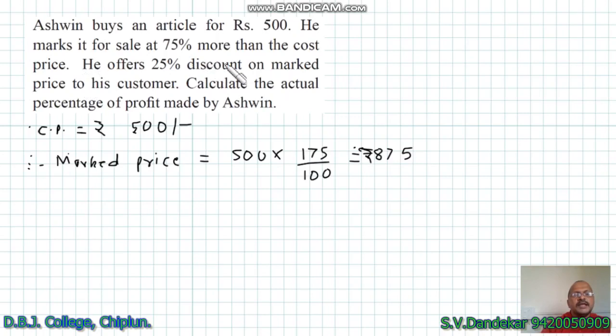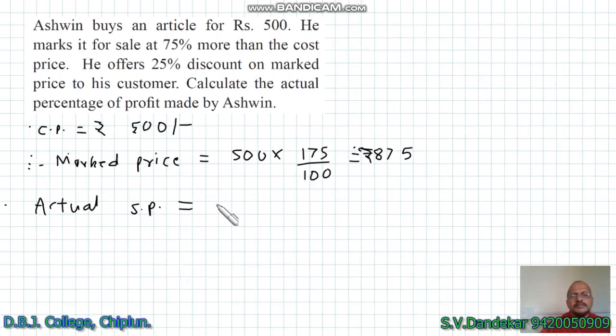He offers 25% discount. The actual selling price is equal to 875 into 75 upon 100, since it is 25% discount.